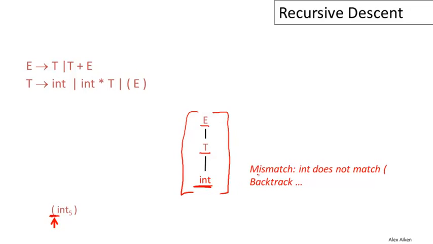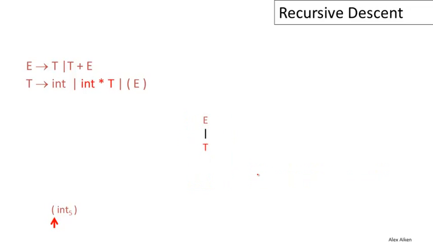What was the last decision we made? We decided to use t goes to int. So we can undo that, and then we can try the next production for t, and that happens to be t goes to int times t. So we'll expand t using that production. Once again, we've generated a terminal in the leftmost position, so we're able to compare that with the input.